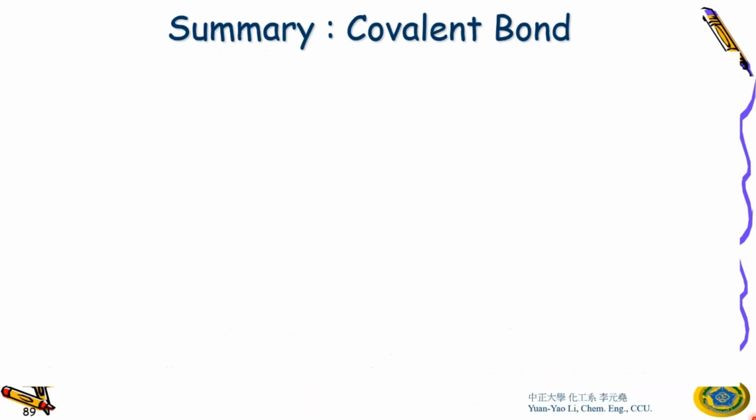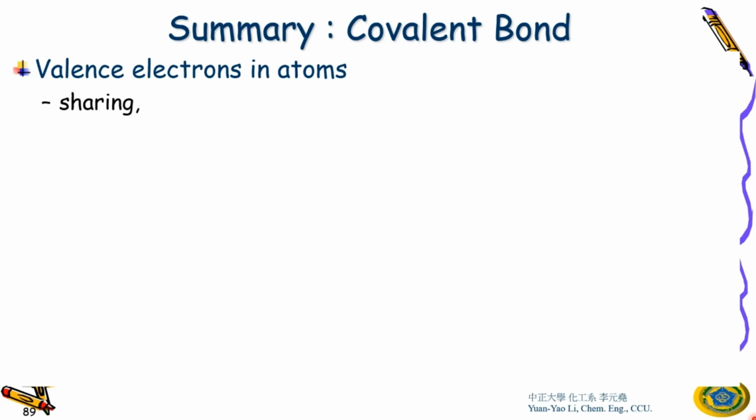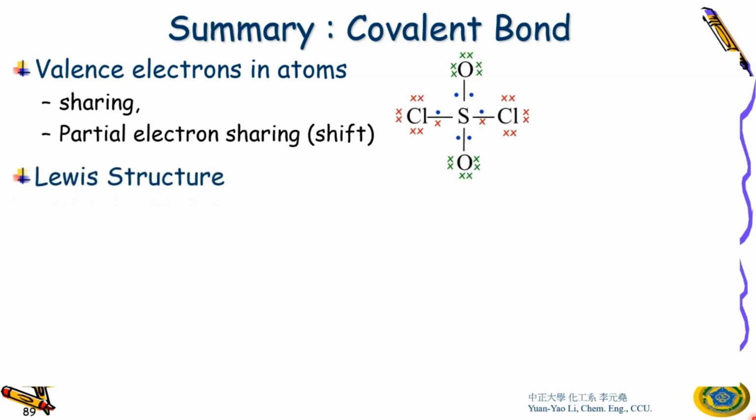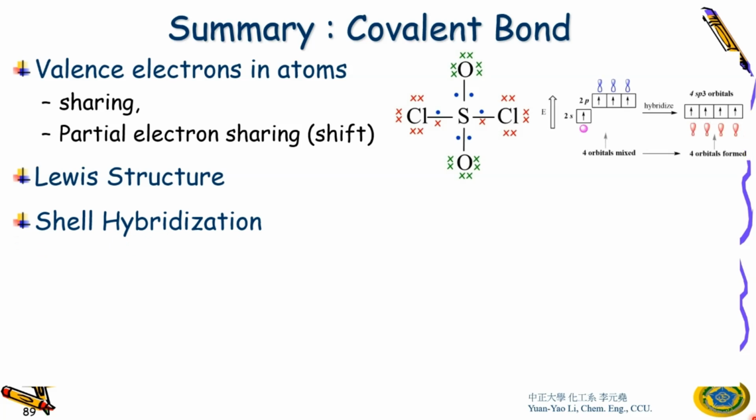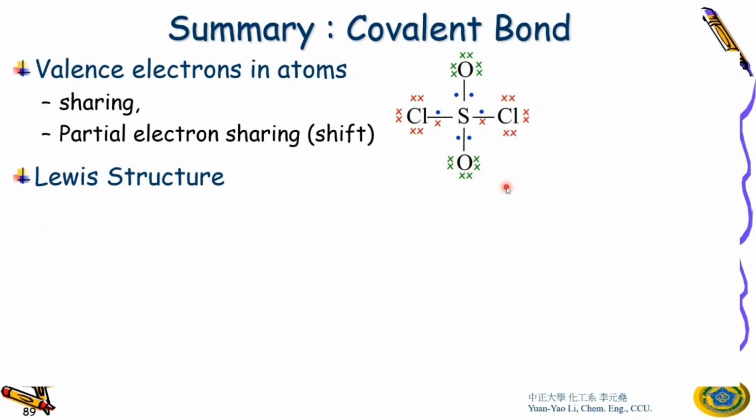Good. Okay, let me summarize the covalent bonds here. The valence electrons in atoms are shared, and the partial electron sharing, or what we call shift, right? Then you need to draw the Lewis structure like this.